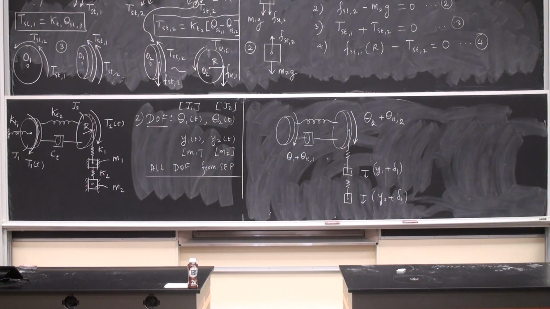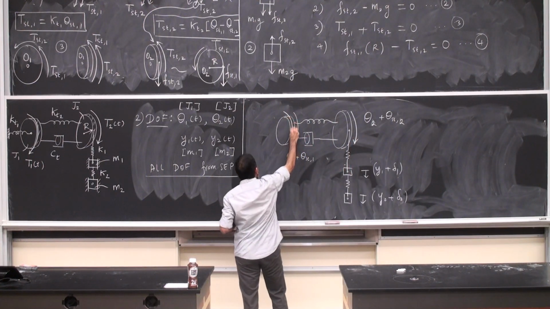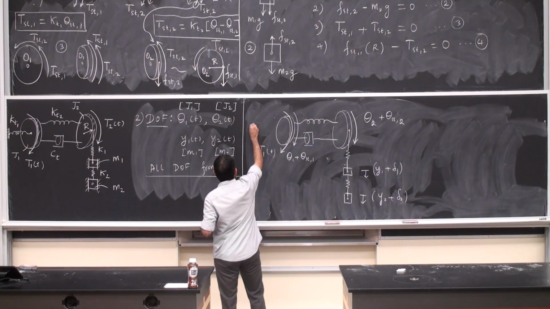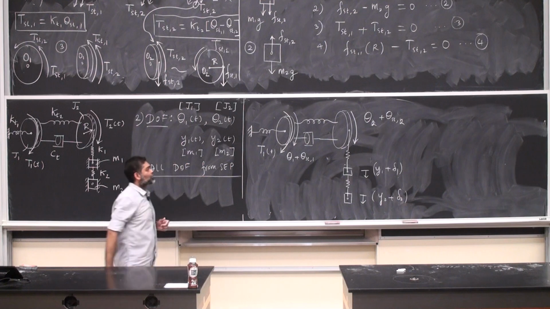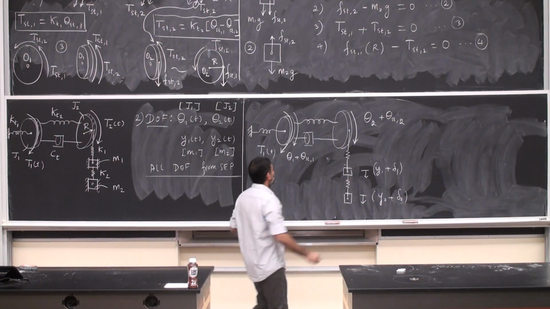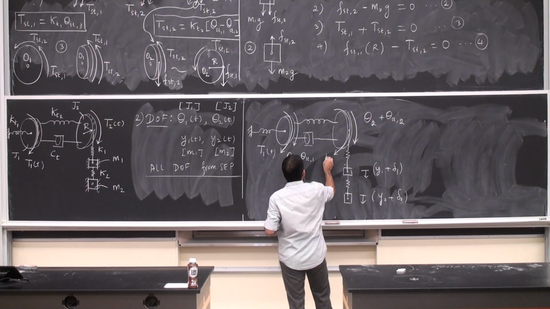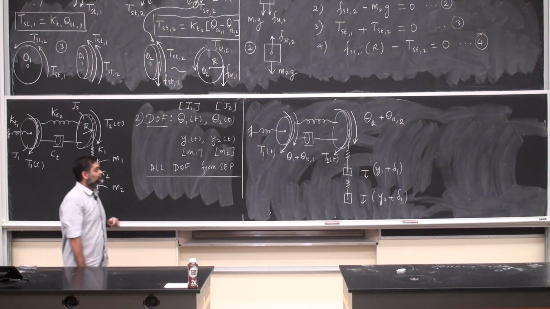Both of them will end up with the same results. Then I'm going to have the torques acting. And I have the spring here. I have the torque T2. And that's about it.